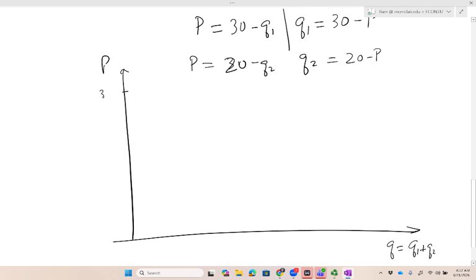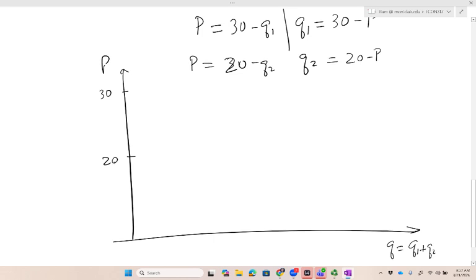When I start at price close to 30, only buyer 1 is buying any product, in this range of the price from $30 till we reach $20. We have only buyer 1, because buyer 2 will start buying the product only when price goes below $20.